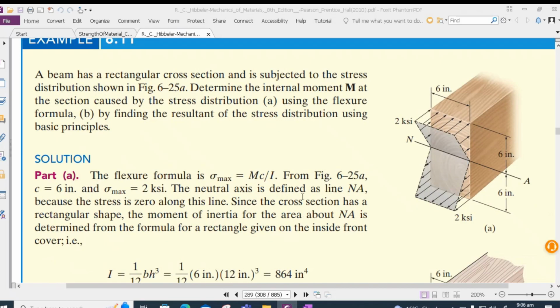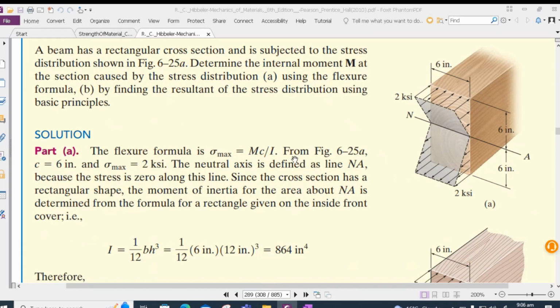So the first step is finding the moment of inertia, which is bh cubed by 12. That comes out to be 864 inch to the fourth. And now the distance of the fiber furthest from the neutral axis is 6 inches. So c comes out to be 6 inches.